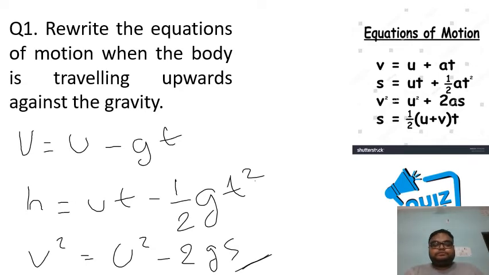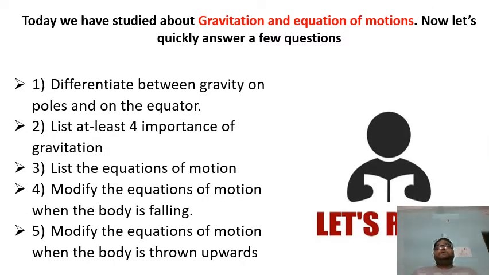Now let's quickly recap whatever we have studied today. In today's class, we studied gravitation and the equations of motion. Let's quickly differentiate between the gravity on the poles and the gravity on the equator.